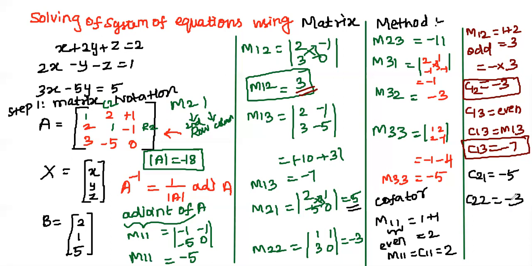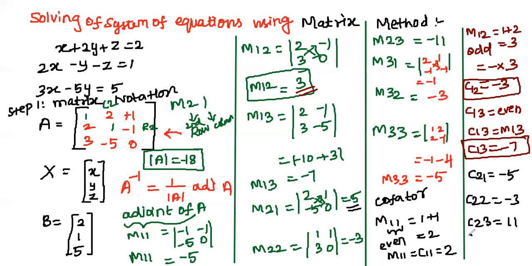And for C22, it's even. So you'll be writing the answer as M22, which is minus 3. And for C23, 2 plus 3 is 5, which is odd. So you will be multiplying this by minus, which will give you plus 11 as the result. And M31, 3 plus 1 will give you an even number. So it's minus 1.